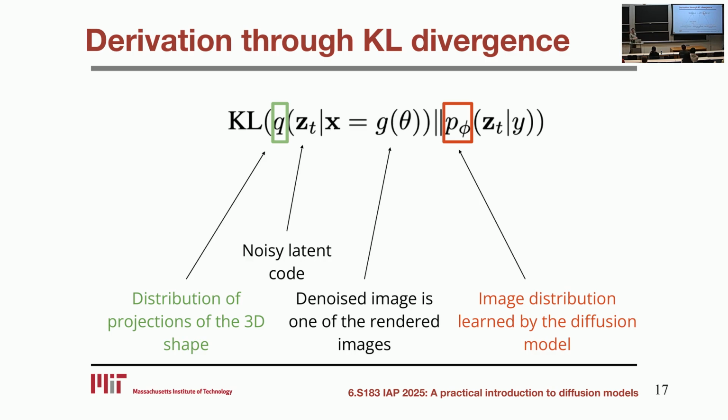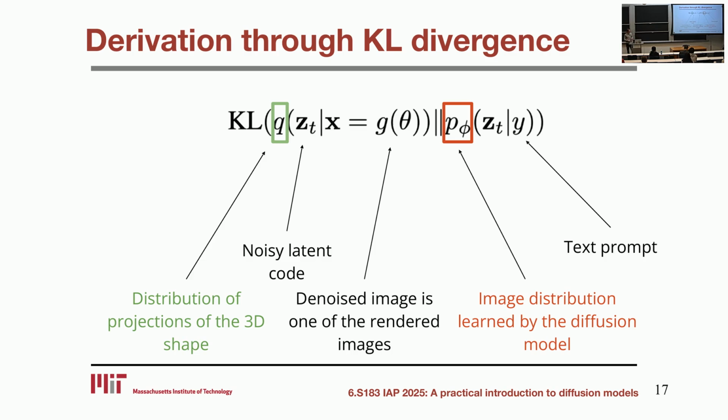I know we keep changing this parameter's name, but it's just the weights of the diffusion model. And the distribution is conditioned on our text prompt, right? In this case, it would be a smartphone in the classroom. And the diffusion model learns the distribution of all possible images of smartphones in classrooms.